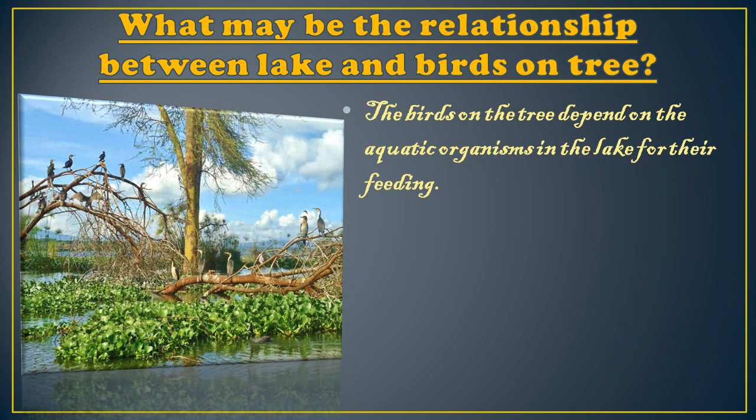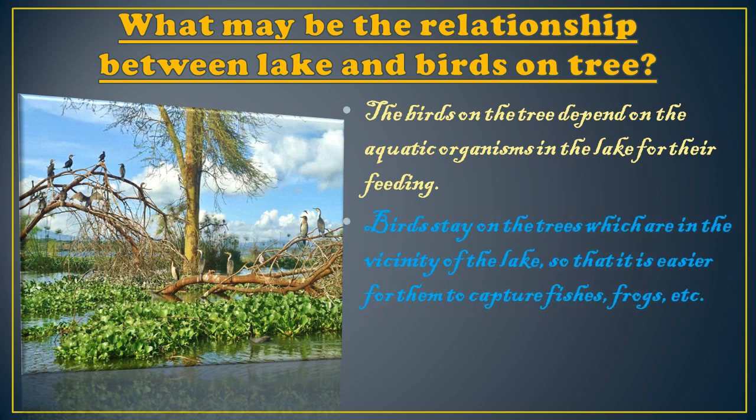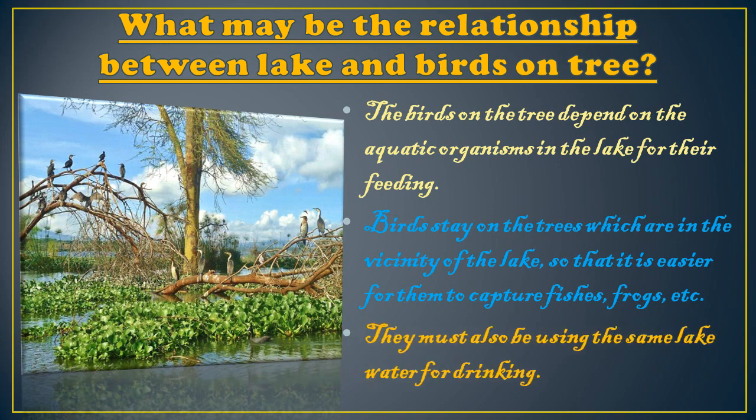The birds stay on the trees in the vicinity of the lake, so it is easier for them to capture fishes, frogs, etc. This is how the birds depend on the aquatic organisms in the lake. They must also be using the same lake water for drinking. So for feeding and drinking, birds on a tree use the lake.